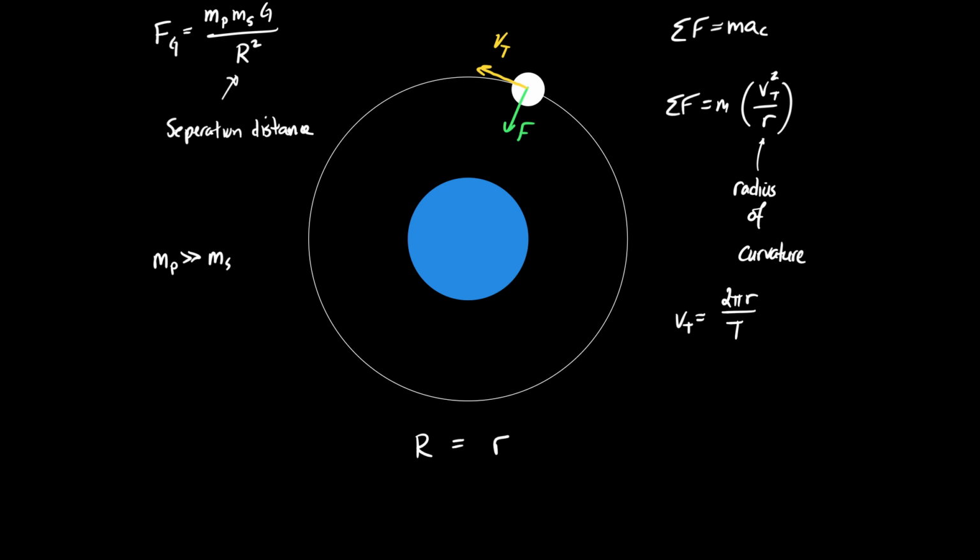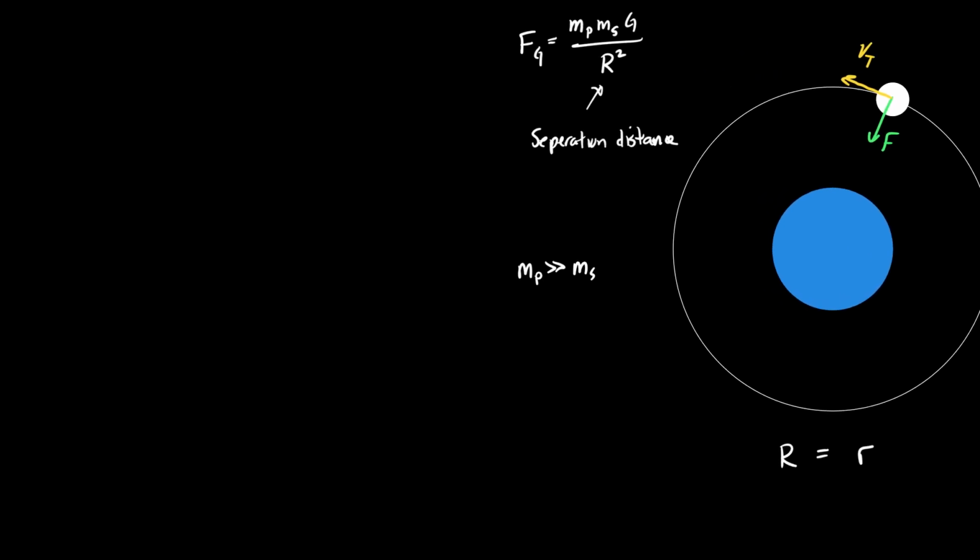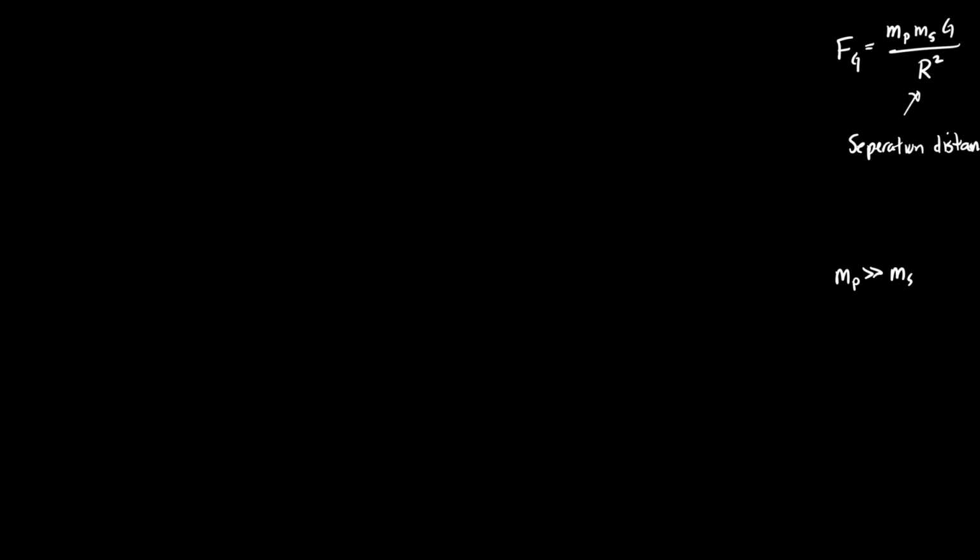Ready? All right. There are 3 basic orbit questions that you should be able to answer. And they go like this. You should be able to figure out what the tangential velocity is. That's a common question in an orbit question.